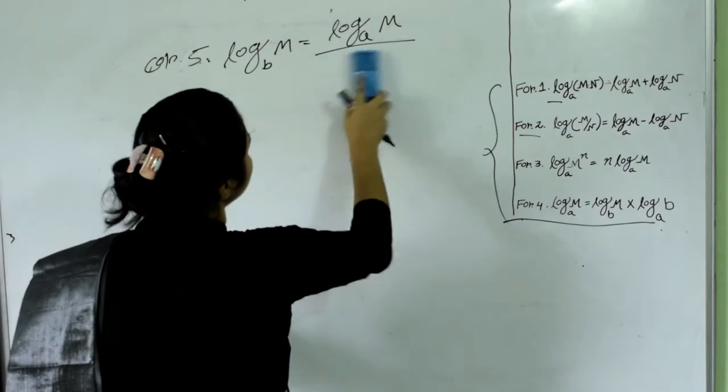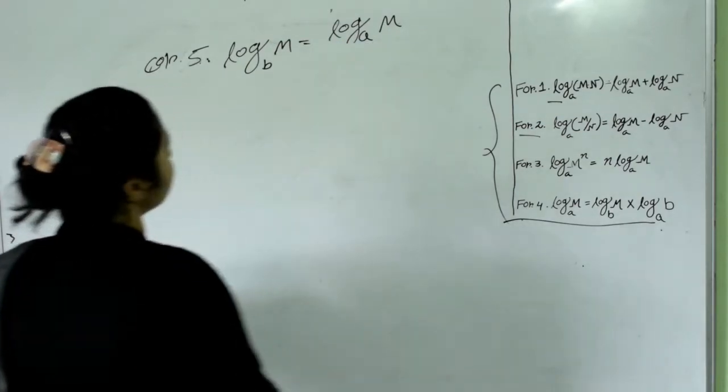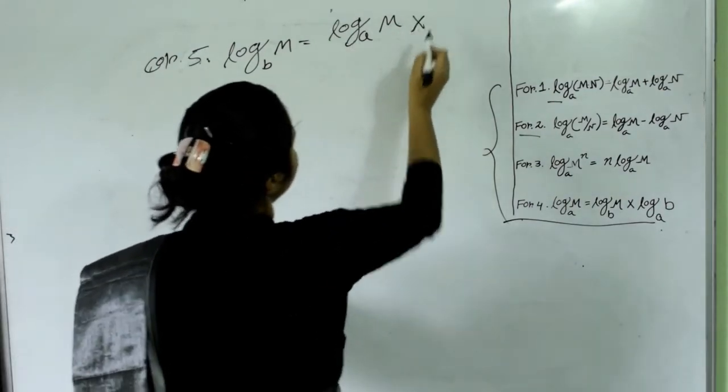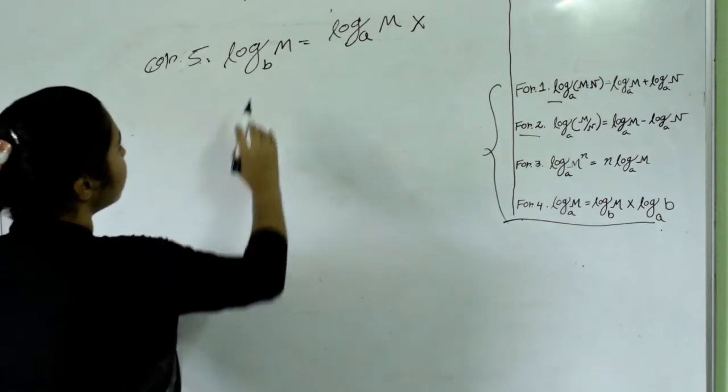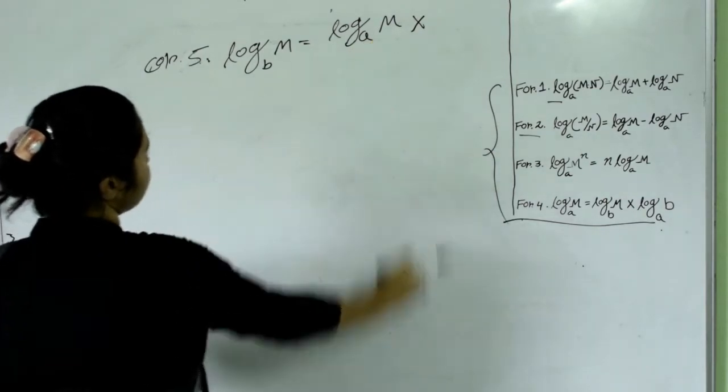That means, from corollary 3 we can write it as log m with base a.